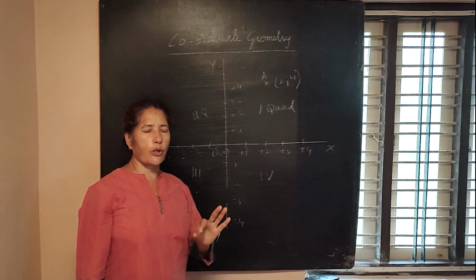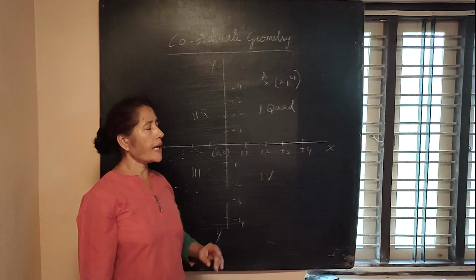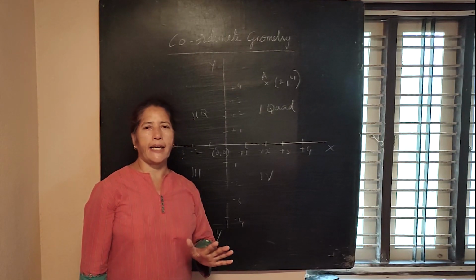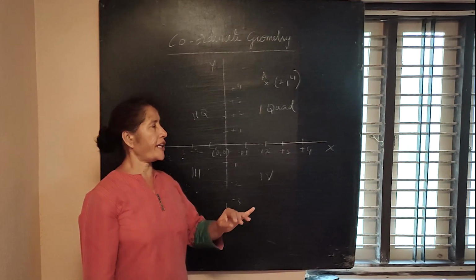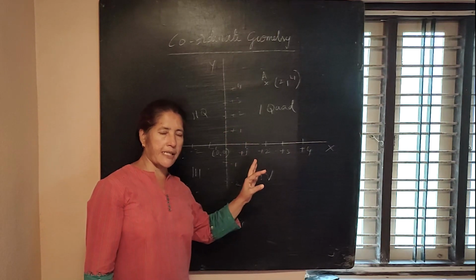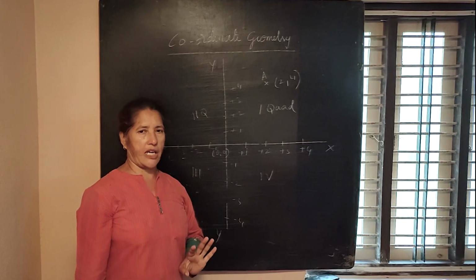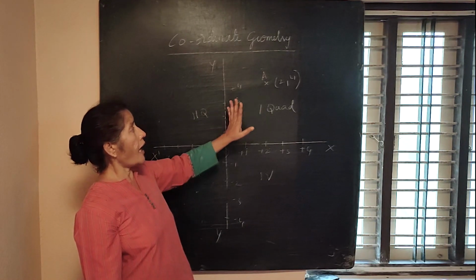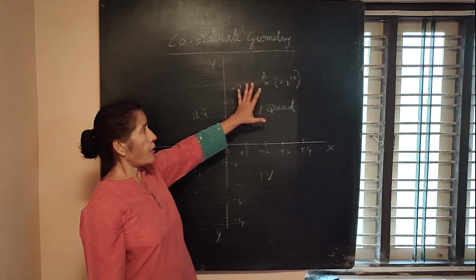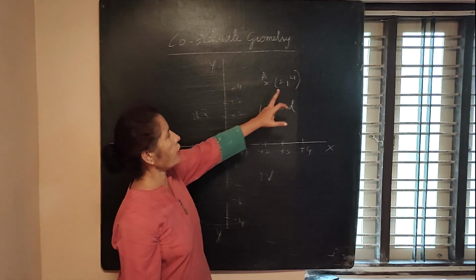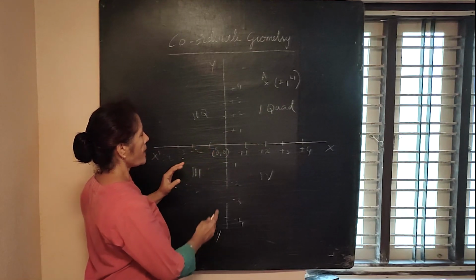X coordinate is also called abscissa and y coordinate is called ordinate. So now I can make out what the coordinates of any point are.